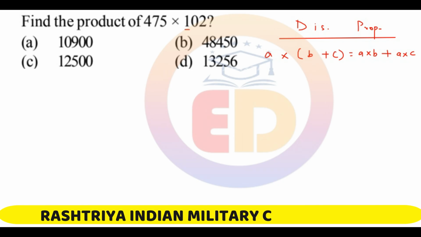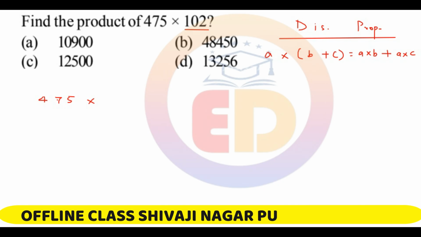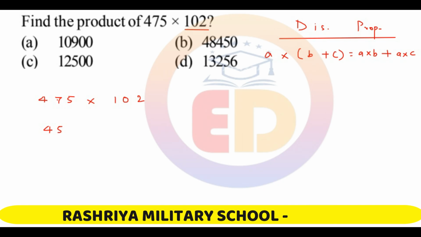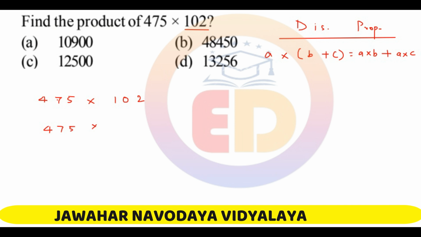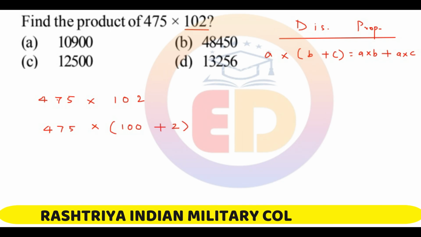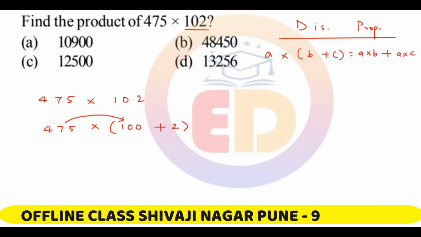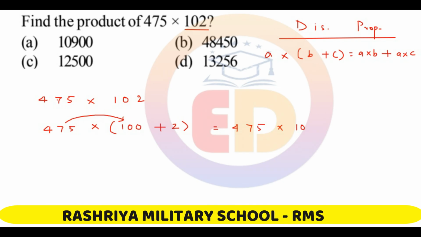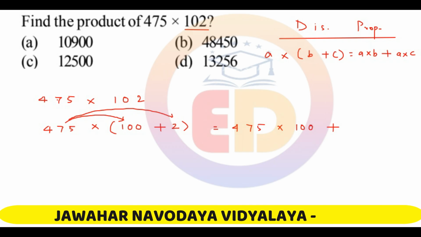Let us break down this 102. It's 475 multiplied by, we will write down 102 as 100 plus 2. Break down 102 into 100 plus 2. This will give me 475 into 100 plus 475 into 2 using the distributive property.